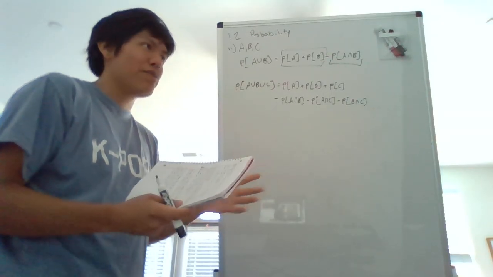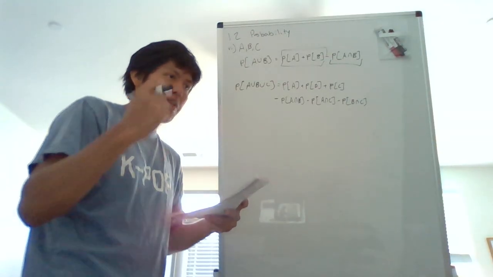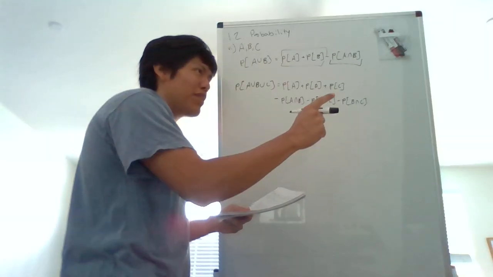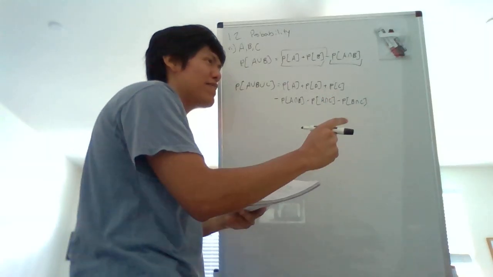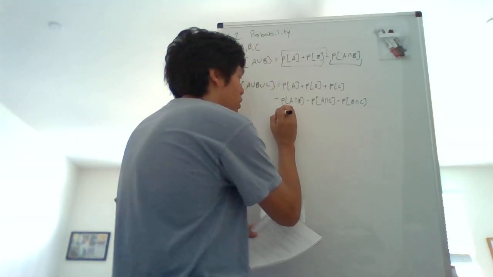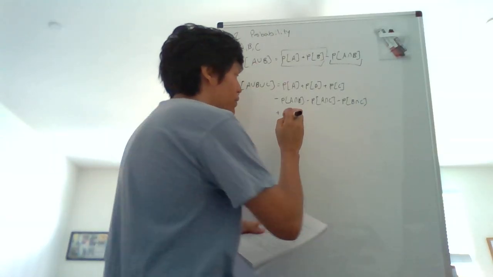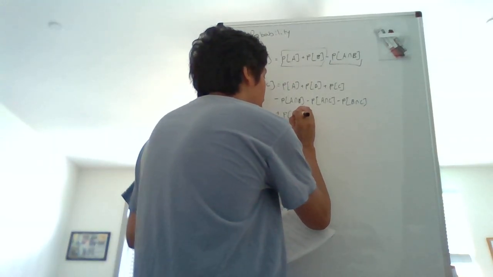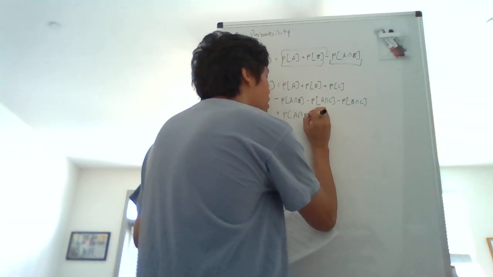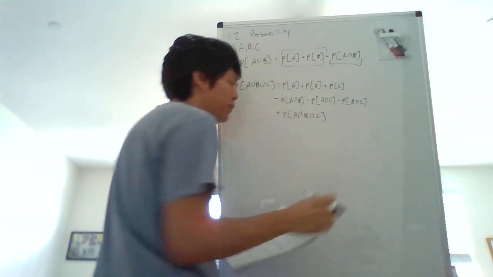I'll draw this out too to explain it. But now we need to add one more probability back into the equation, which is the probability of A intersect B intersect C.